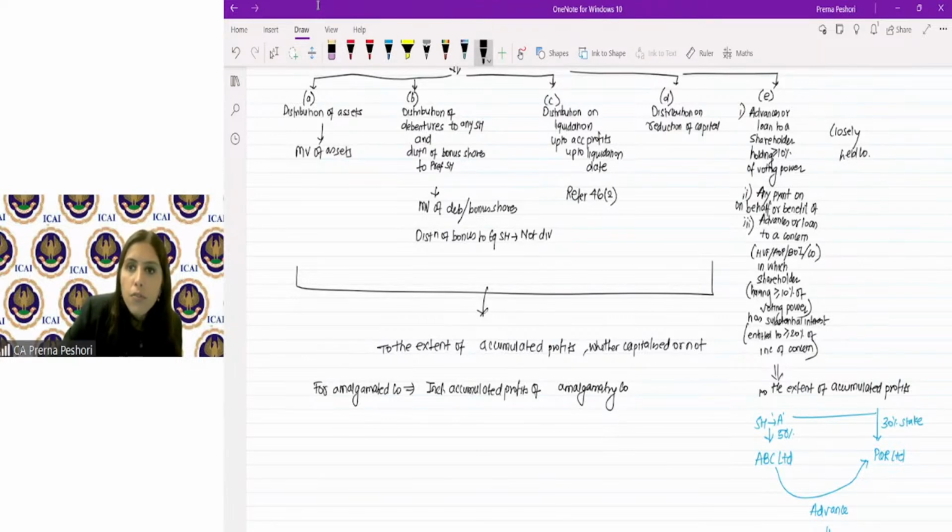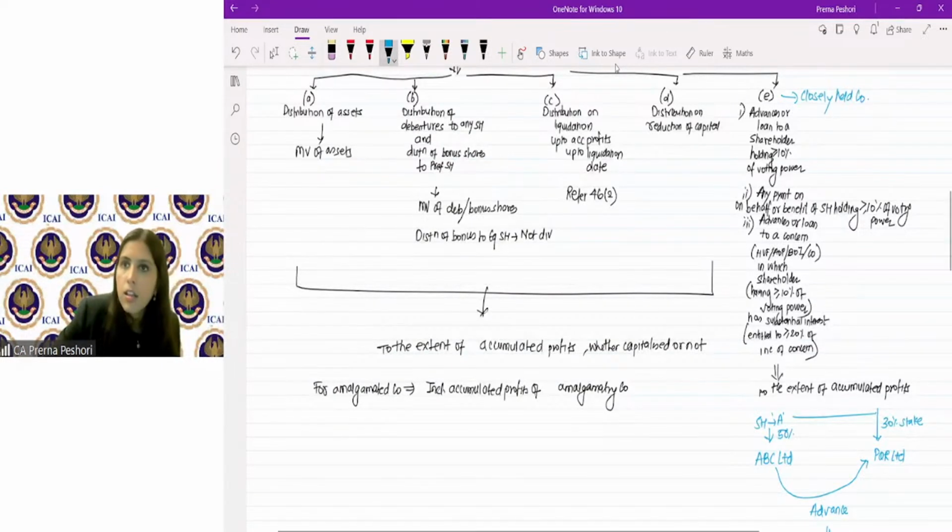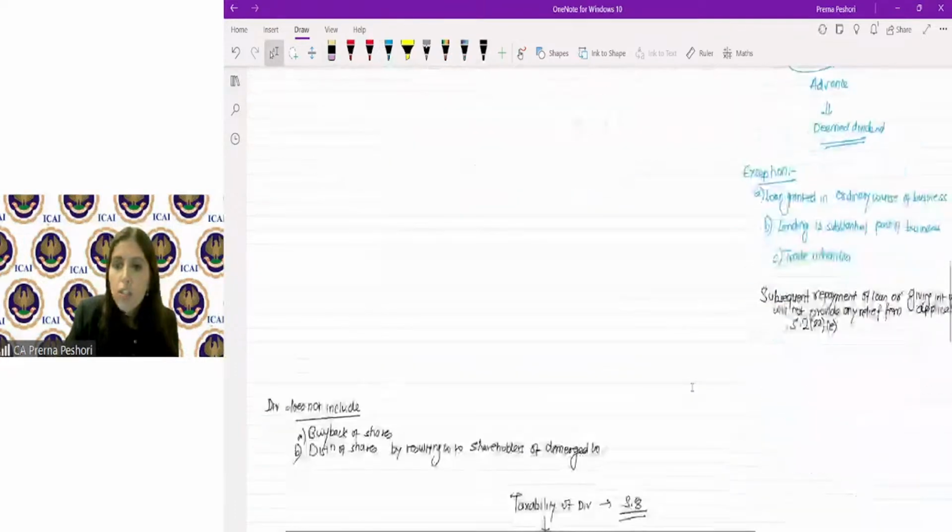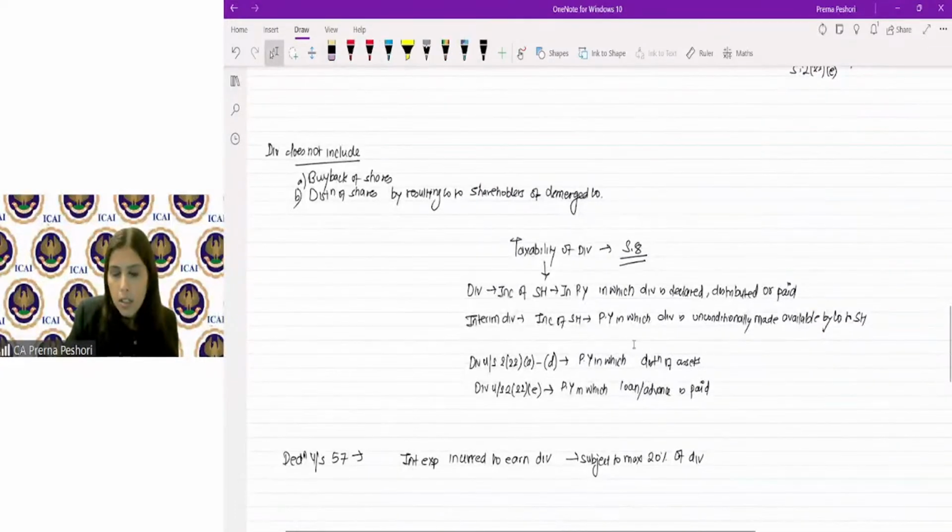So benefit of shareholder holding greater than or equal to 10% of voting power. Fine. Are we clear? So even this will become taxable.